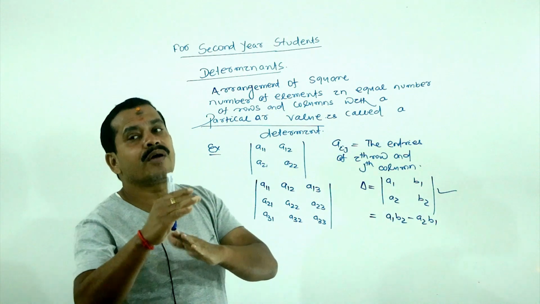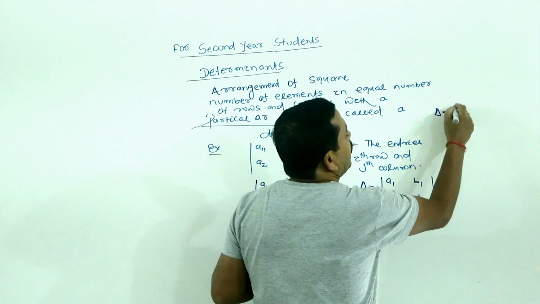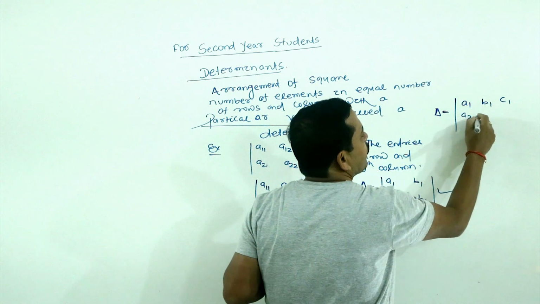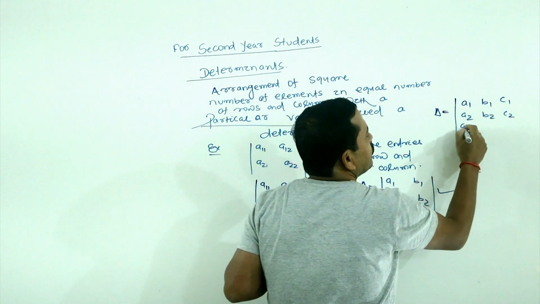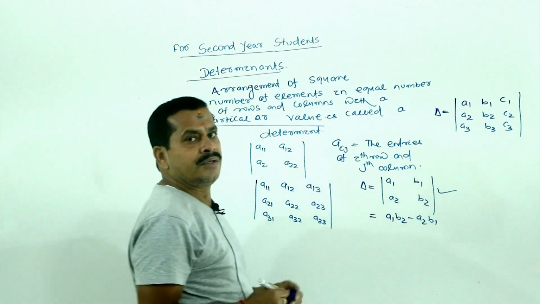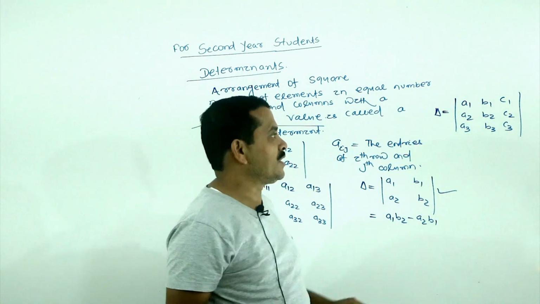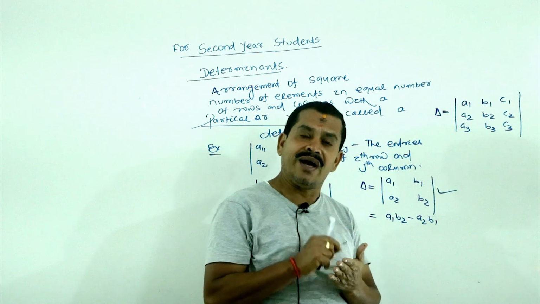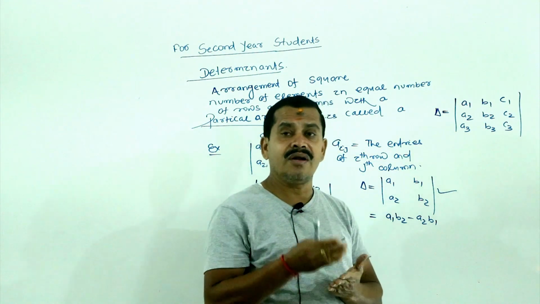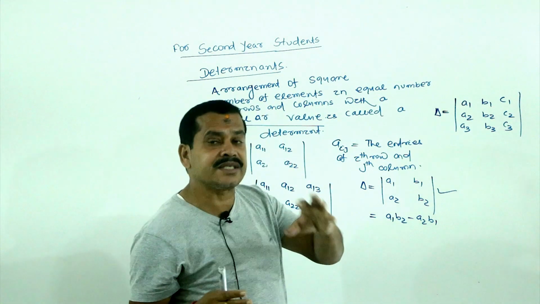It does not differ for different expansions. Suppose this is a third order determinant. We can expand it either in first row, second row, third row, first column, second column or third column, but the value remains the same.